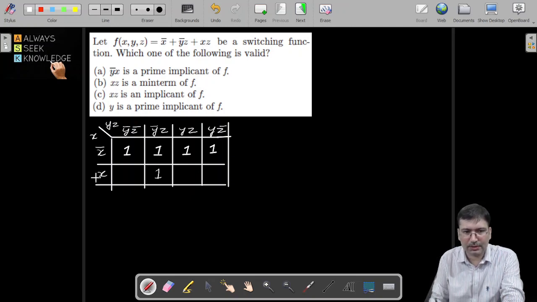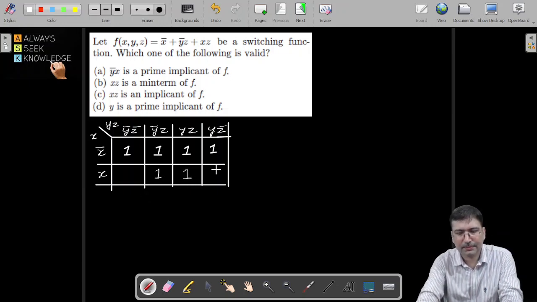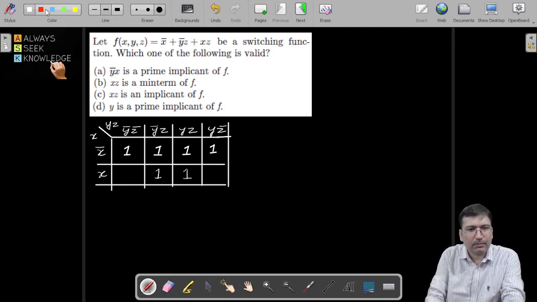So x and z is present here as well as here, in x y bar z and x y z. So this place we can set as 1. Now if we start pairing them, we can pair something like this.